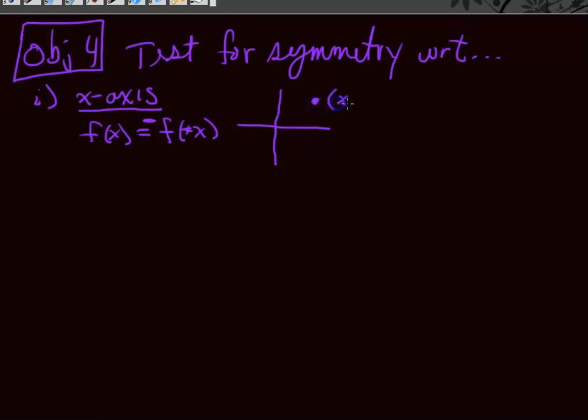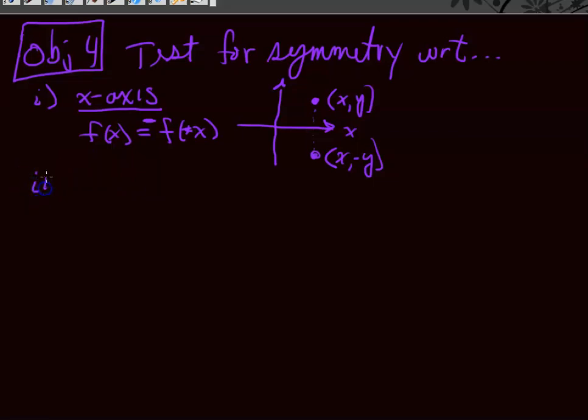If this is the point xy, if you have symmetry with respect to the x-axis, not the y-axis, then down below, perpendicular to the x-axis, same distance away, you'll have another point. Now this is still x, but you get a negative y. So since f of x is the same as y, you get a negative f of x. Think of that as plus x there.